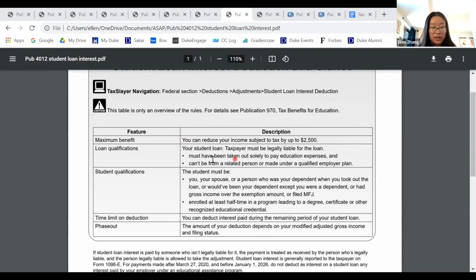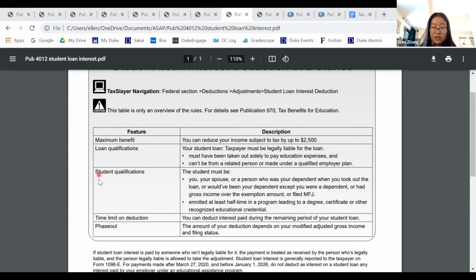Okay, so for student loan interest, the maximum benefit that you can deduct is $2,500. For you to be eligible for this adjustment, you must be legally liable for this loan, and it must be taken out solely to pay for educational expenses. It can't be from a related person or made under a qualified employer plan either.